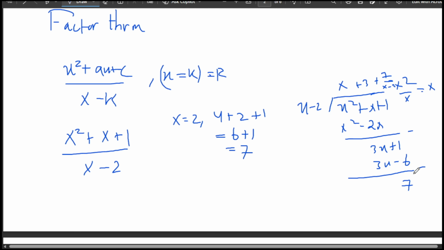So the remainder is 7. It's correct: when x equals 2, it's the same thing as finding the remainder, which is 7.